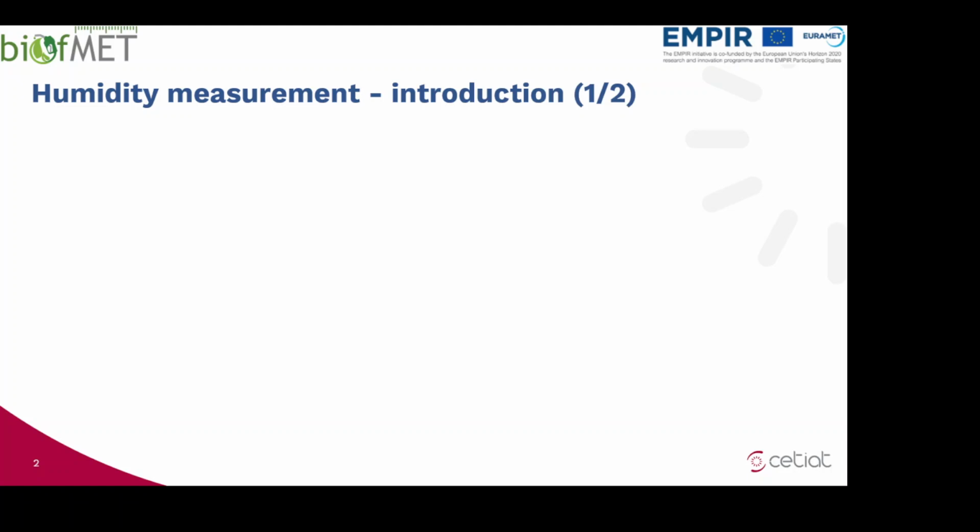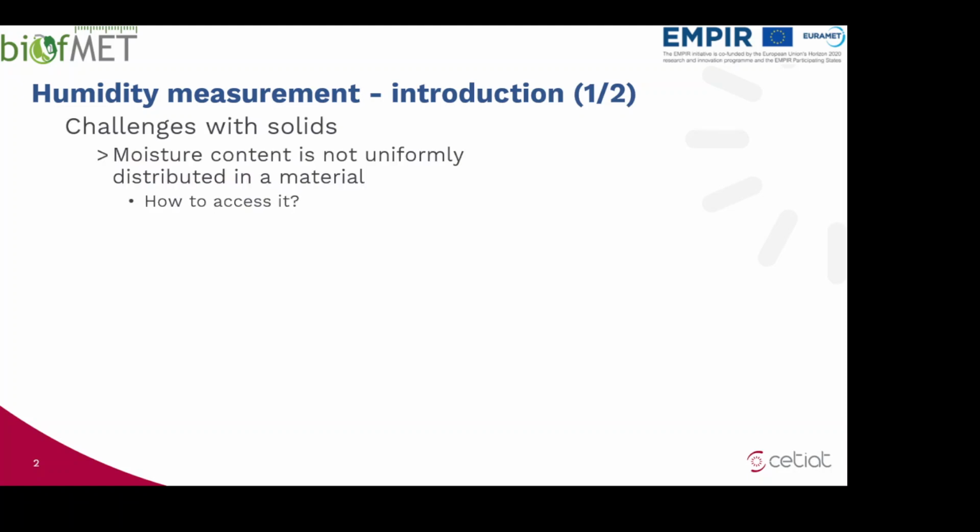As an introduction, I would like to remind you of the types of challenges that we face when measuring moisture in solid materials. The first one relies on the fact that moisture content is not uniformly distributed throughout a material.